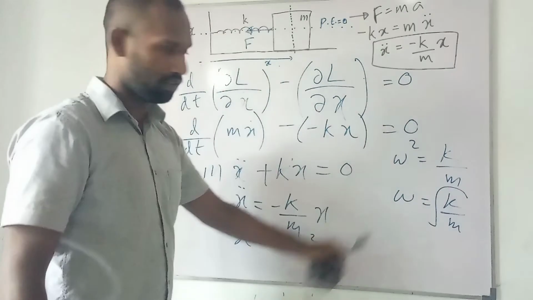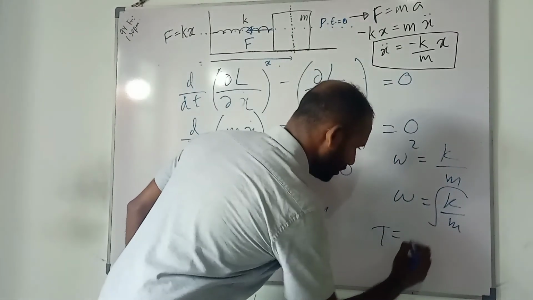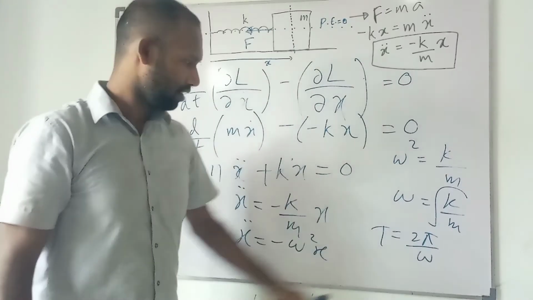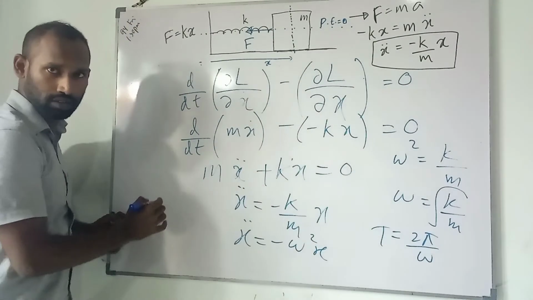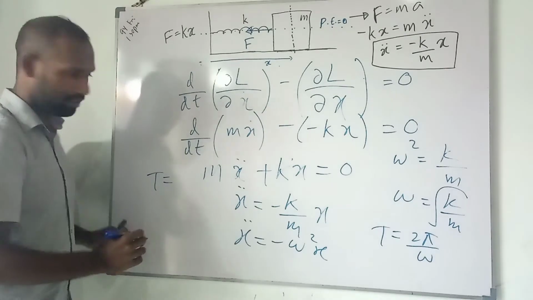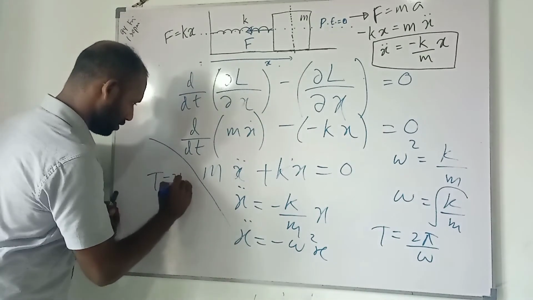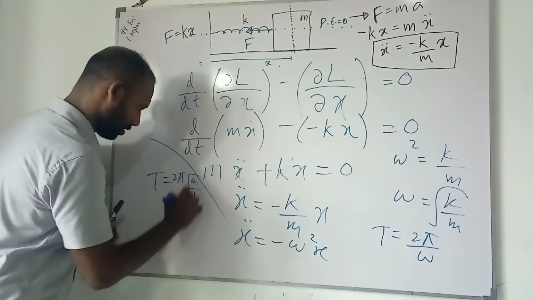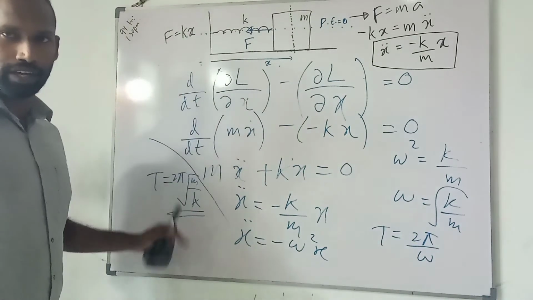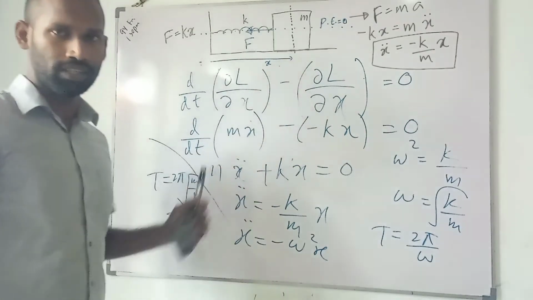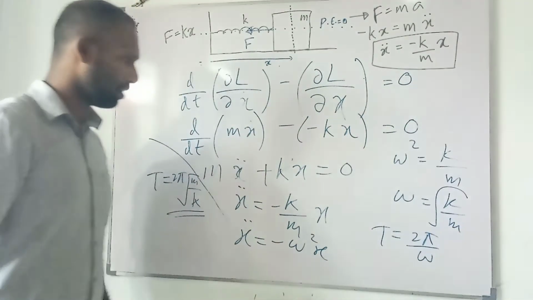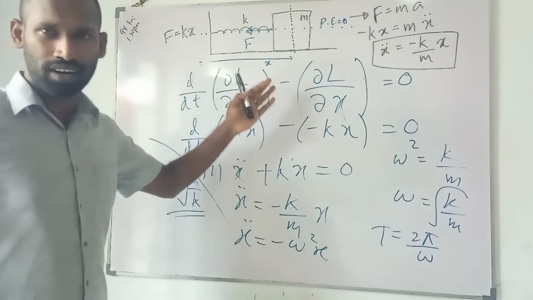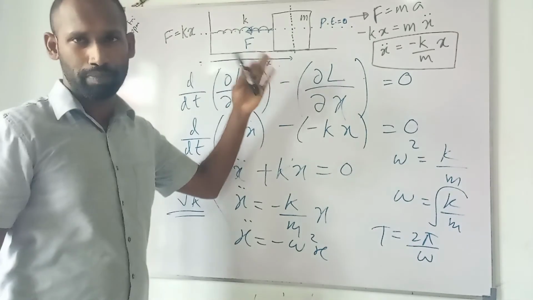So we can find T equals 2 pi over omega. So T equals 2 pi square root of m over k. So this is the method how we can apply Lagrange for a mass spring system.